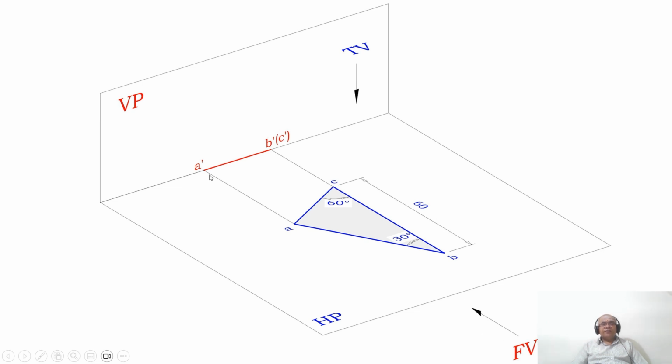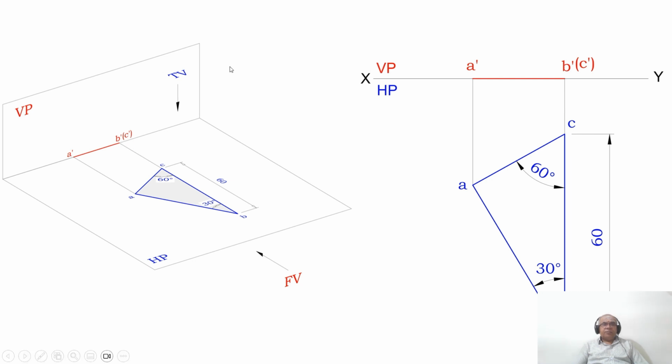When you look from the front view, all the sides are parallel to HP. Therefore, you get the true shape in HP. So we have kept the longest side on HP. Since it is parallel to HP, we can see the true shape in the horizontal plane. So this is how you can analyze it in 3 dimensions.